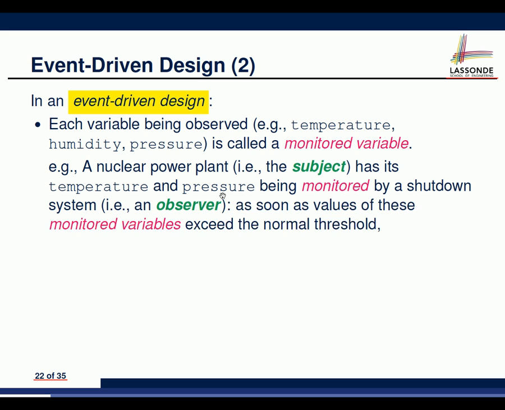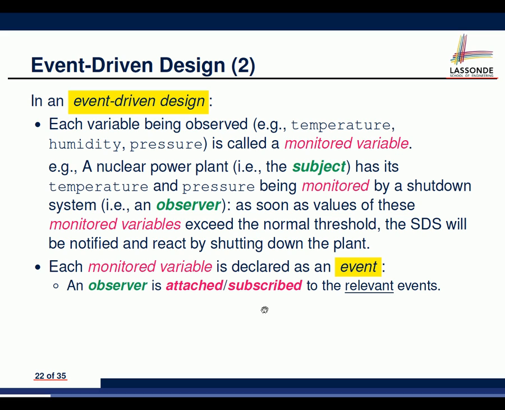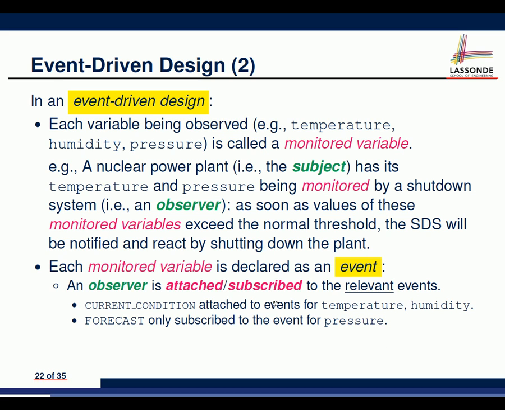Now every monitor variable is declared as an event, as we'll see how we can do it. So now we want to make sure every observer, like current conditions, statistics, and forecast, are attached or subscribed to the events. One thing to note, in the case of the current conditions, because we only care about the temperature and humidity, we don't worry about the pressure.